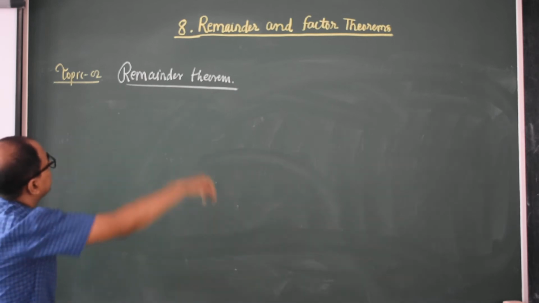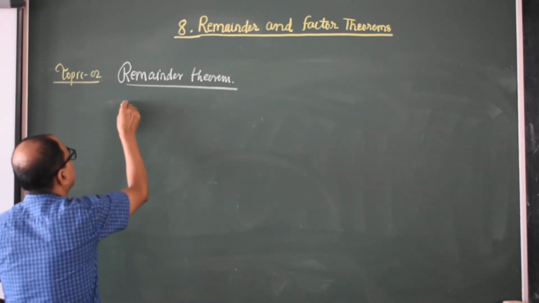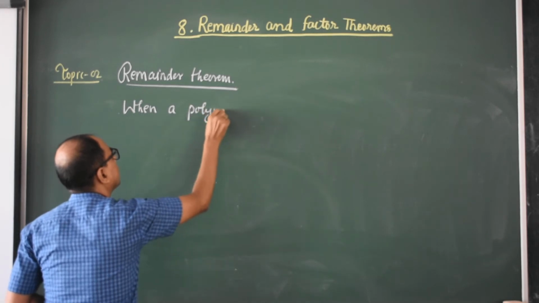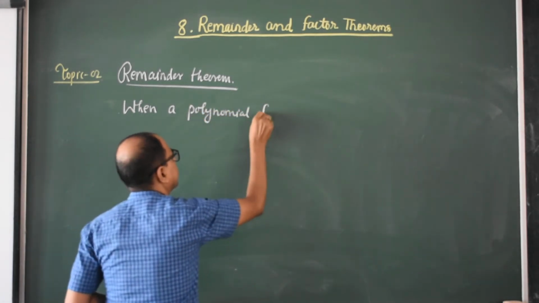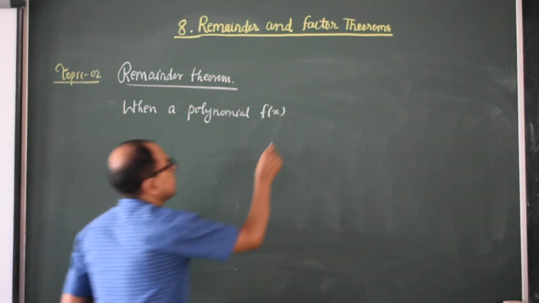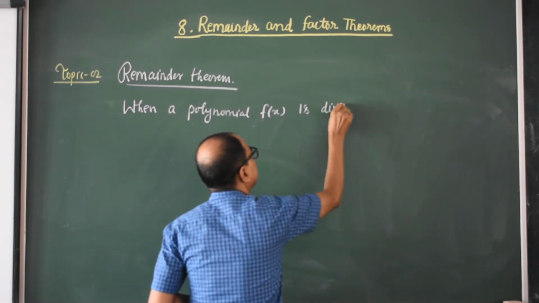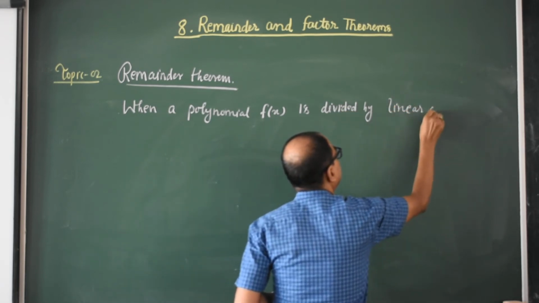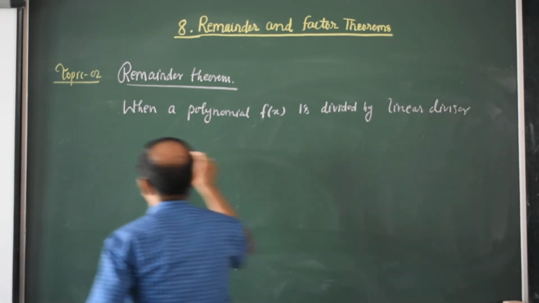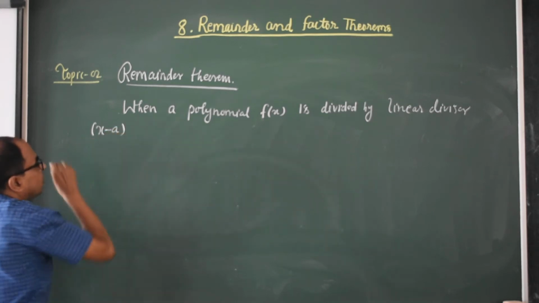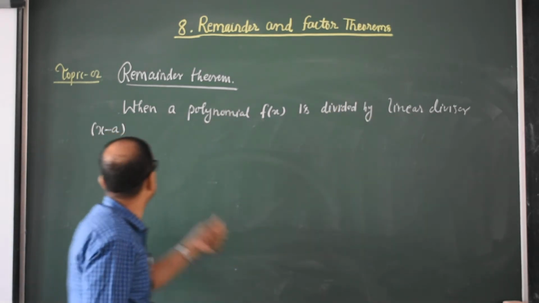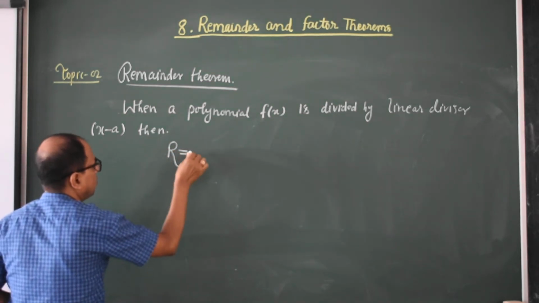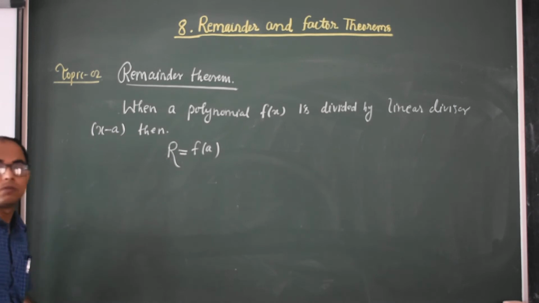Now what is the remainder theorem? When a polynomial, say f(x), is divided by a linear divisor, say x minus a, then the remainder is equal to f(a).